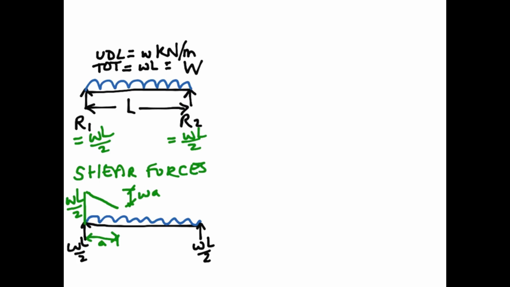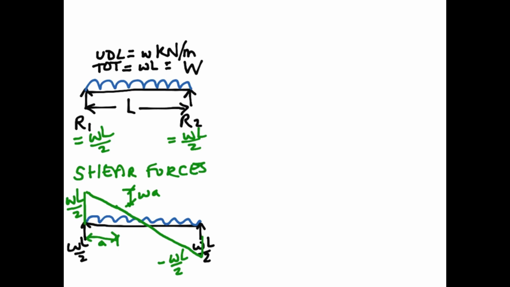Now, you don't really need to remember that for getting to our mid-span results, but that just explains how that force drops off and it keeps going, and we end up with minus wL upon 2 at the other end. Now, a nice check that you've got everything right is that the total of those is equal to wL, which is the total load on the bridge.